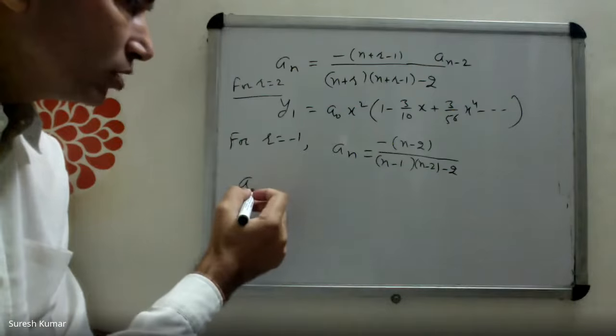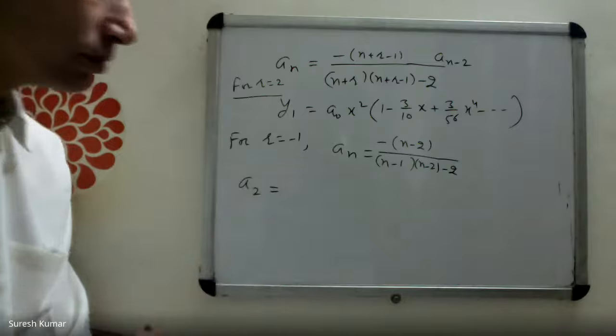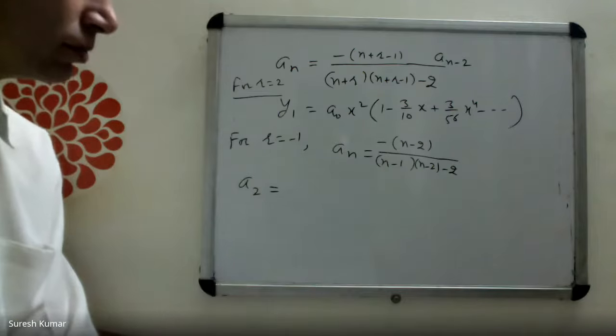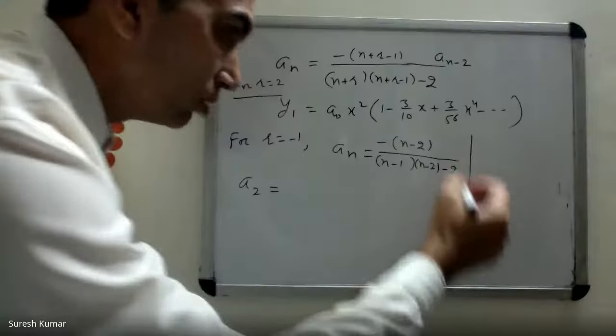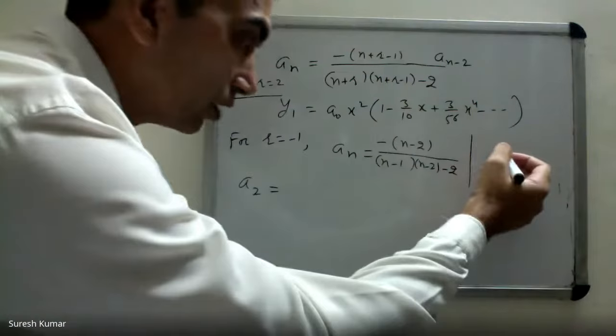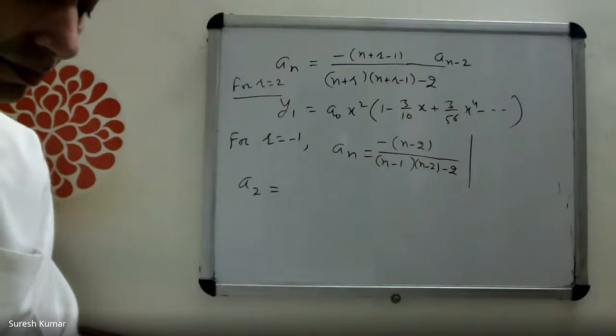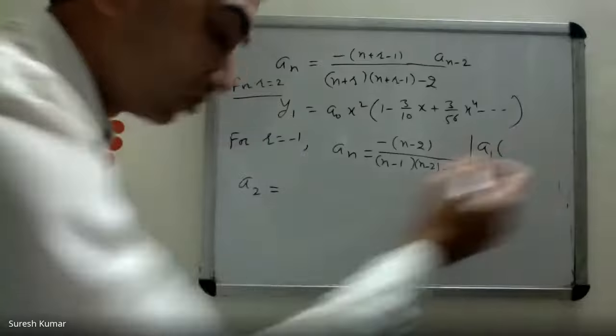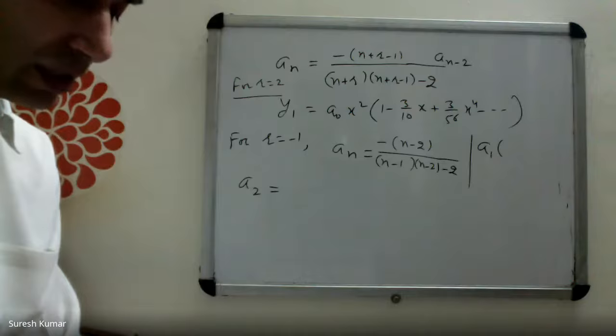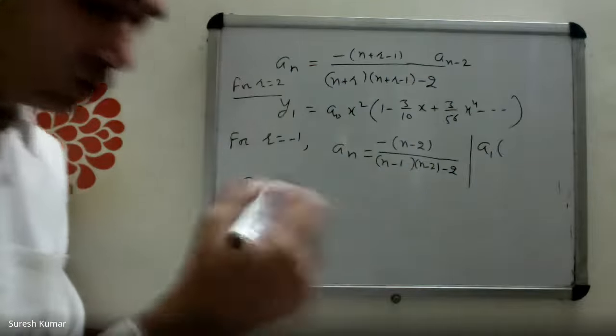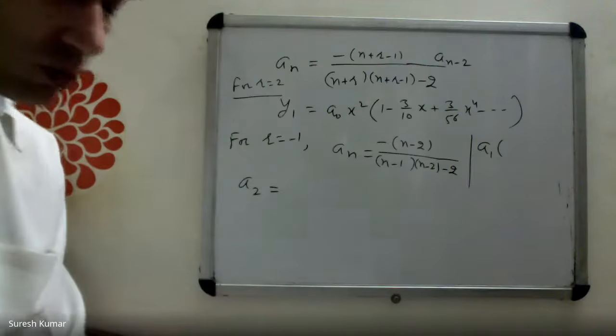So what is A2 from here? 0. One more thing, you should check what happens to A1 from the recurrence relation. A1 is 0. No. What do you get from the recurrence relation when you choose n equal to 1? What is your equation? Because we usually fix A1 when there is a difference of 2.